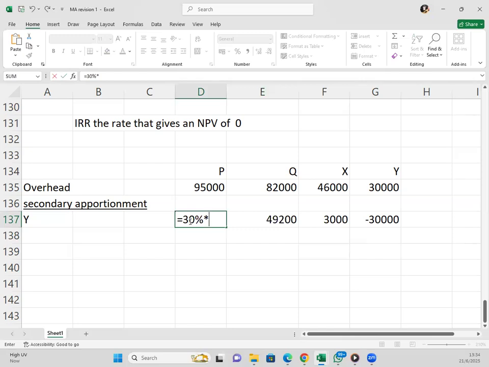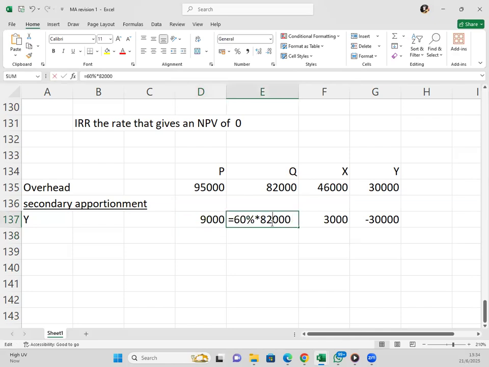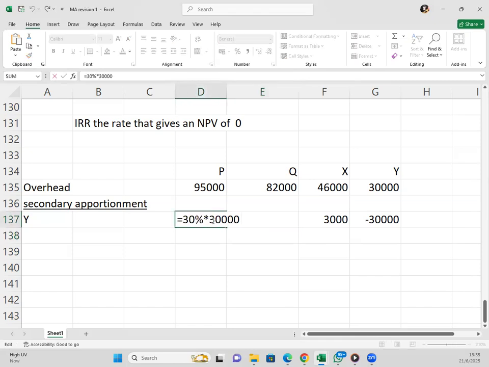Sorry, it's supposed to be 60% of 30,000. Remember, we are sharing the cost for department Y among the other departments. If you add these up, they should give us 30,000. So this one is correct, 30% of 30,000.